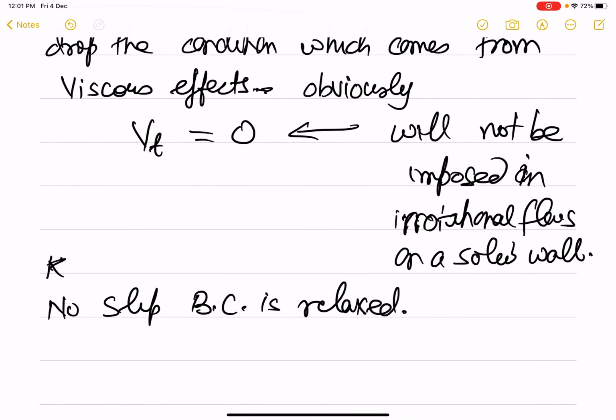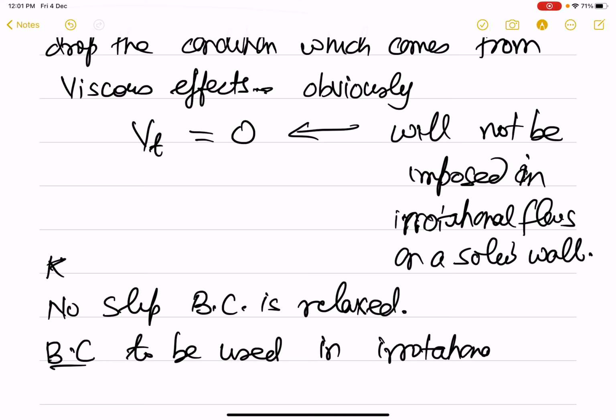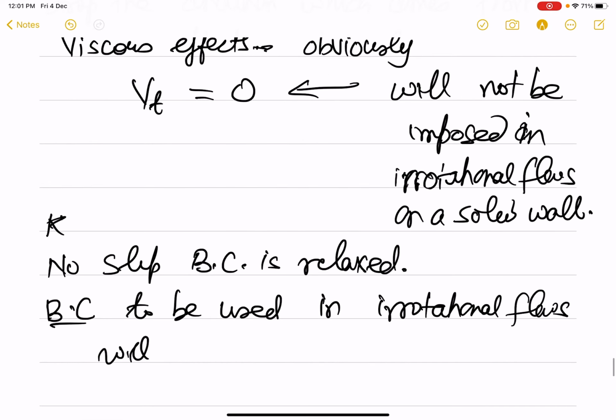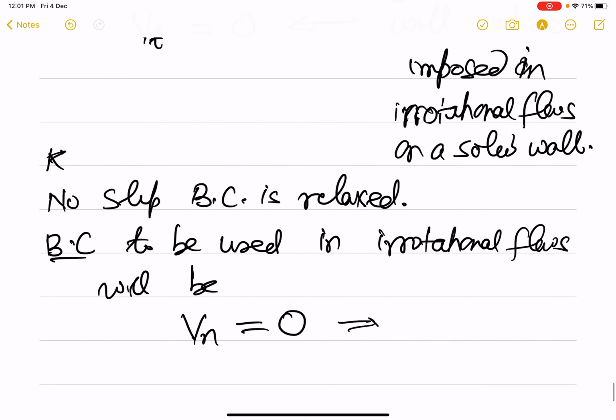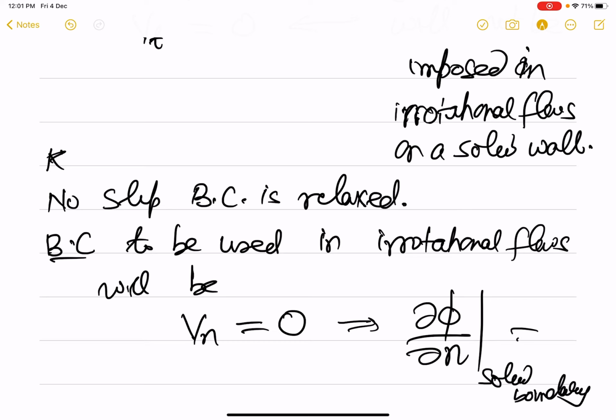So the boundary condition to be used in irrotational flows will be that the normal component of velocity is equal to 0, and this becomes partial phi by partial n on a solid boundary is equal to 0.